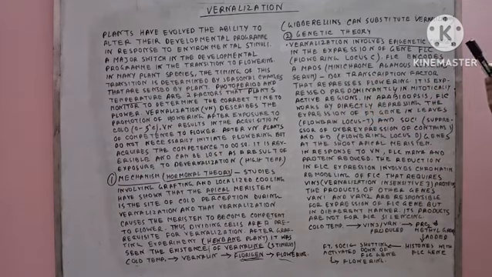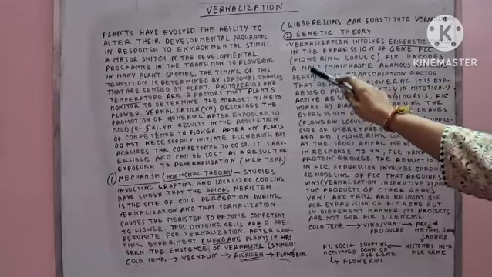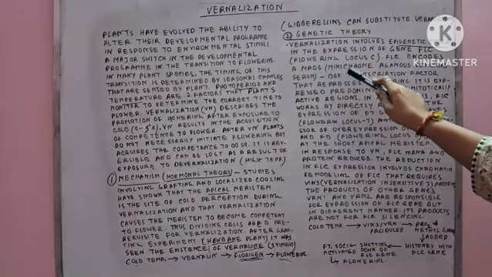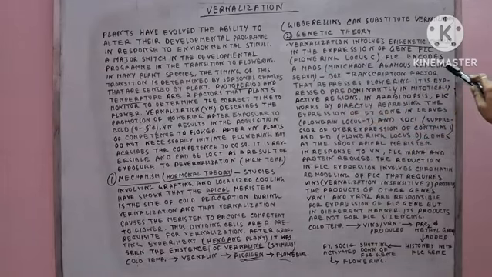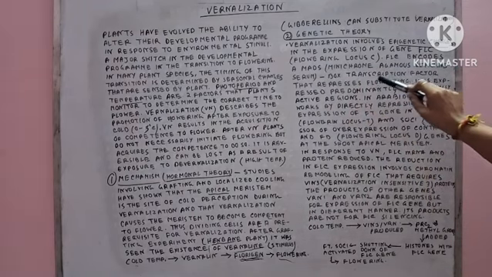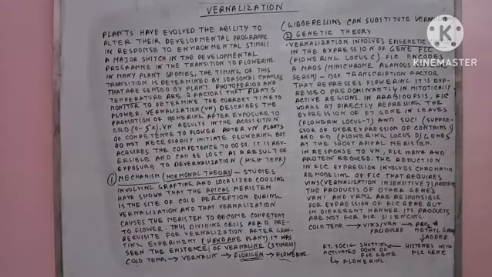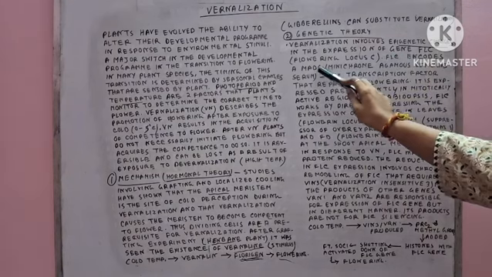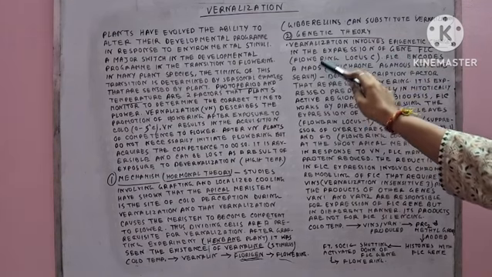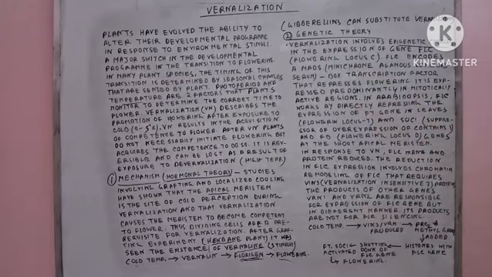This FLC encodes a MADS box. MADS, the full form is minichromosome maintenance, agamous, deficiens, serum response factor. This MADS box transcription factor represses the flowering. So FLC encodes the MADS box transcription factor, and that represses the flowering process.